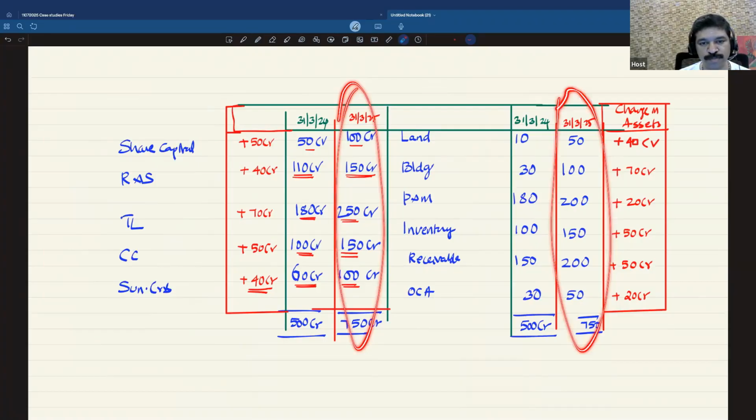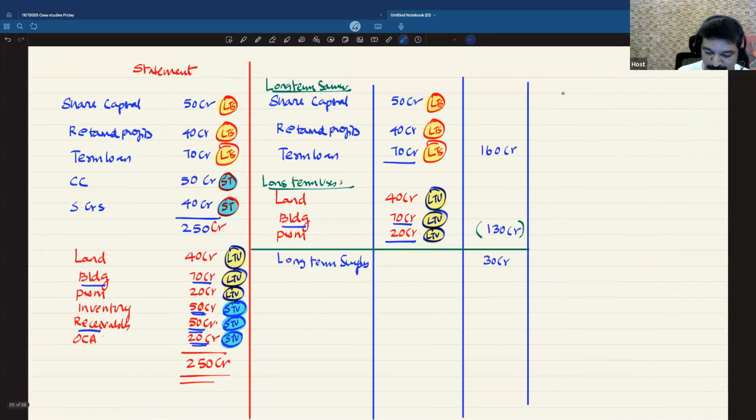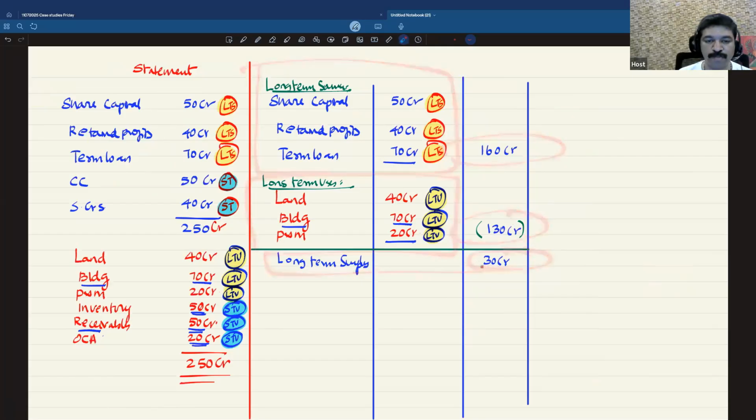Yes or no? Maybe yes, only when you prepare the statement. Otherwise, no. But this statement beautifully shows you that long-term funds that have come in are 160 crore, long-term use is 130 crore, and they have a surplus of 30 crore.